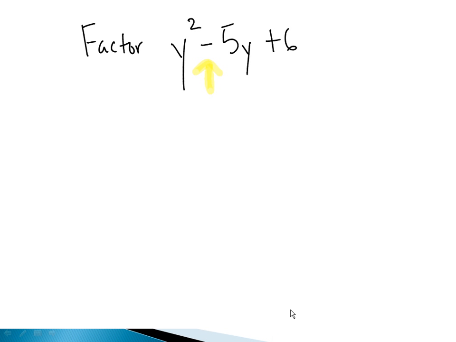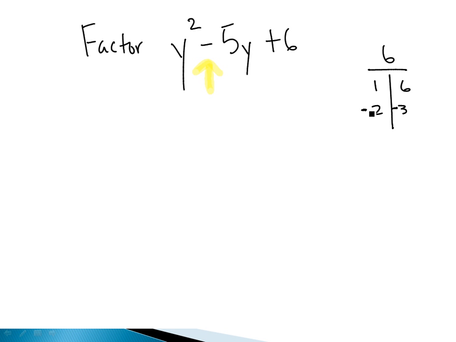Okay, let's see. Factors of 6 that'll give you negative 5. So here we have 1 and 6. If we add 1 and 6 together, we get 7. 2 and 3, if we add that together, we get 5. Now we're supposed to get a negative 5. So all we really have to do is tweak this a little and make the 2 negative and the 3 negative.